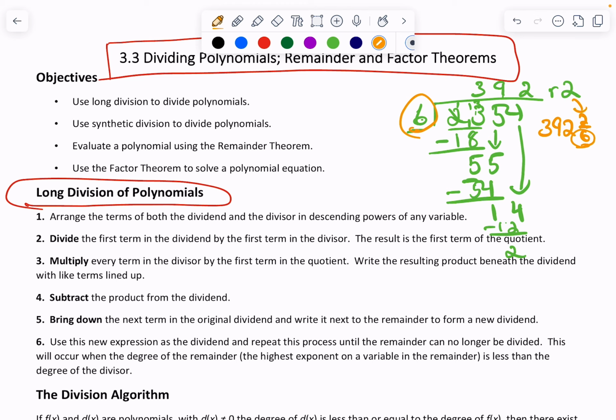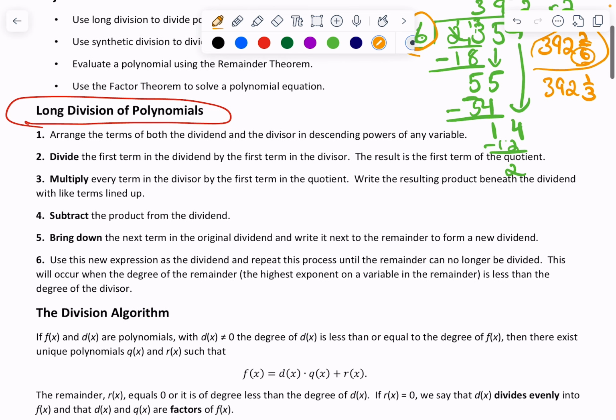Now with the numbers, we would, of course, simplify this to 392 and 1/3. There might be times when you do simplify the numbers on the remainder as well. But we can write the remainder as R2, or we can write it as a fraction, a mixed number, where the remainder is the fraction part of the mixed number.